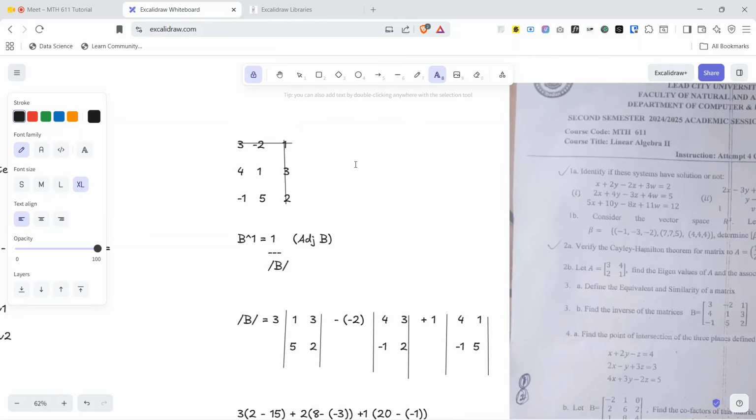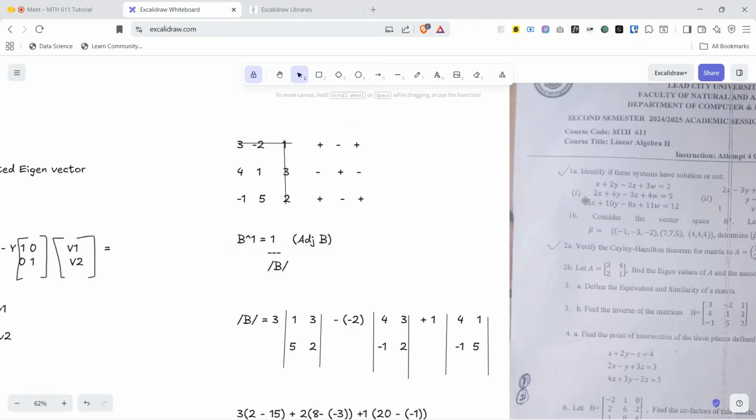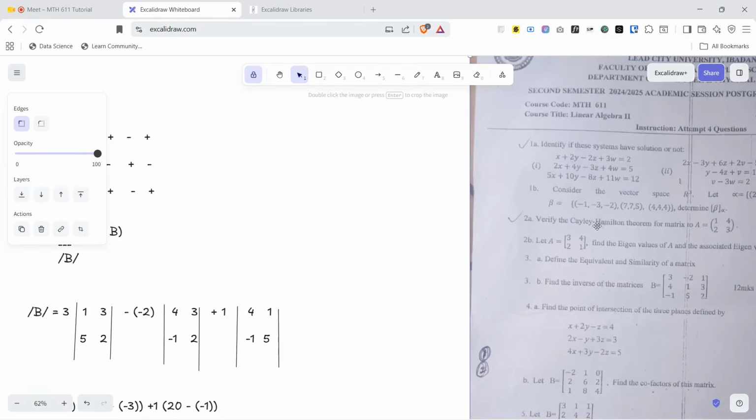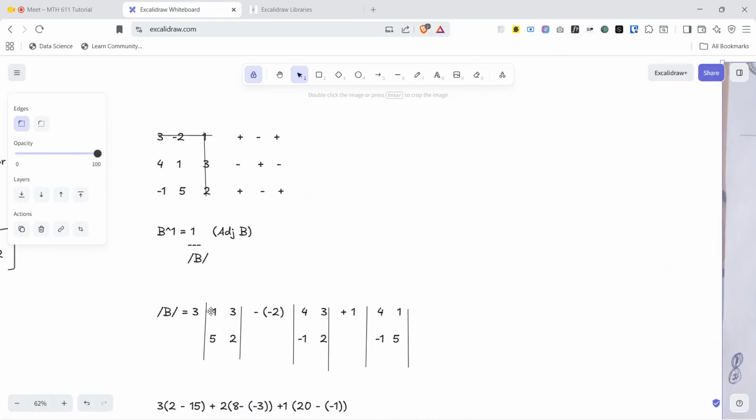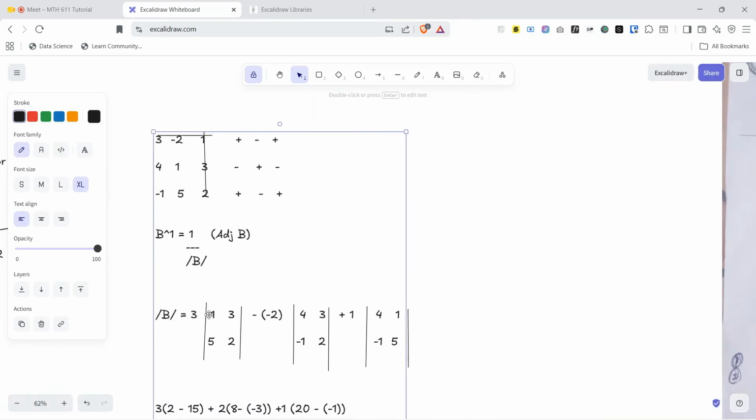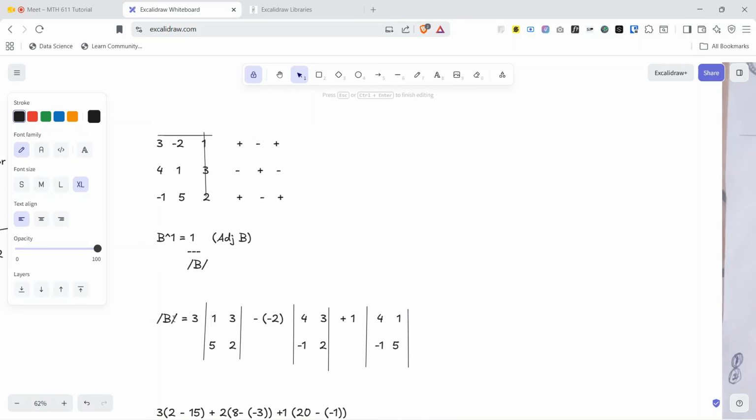We just follow the rule of plus minus plus, then minus plus minus, then plus minus plus again. So that's the rule we are going to follow. For the first one, we already have the first one.